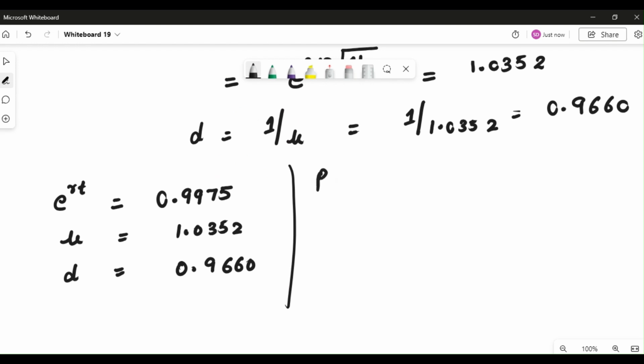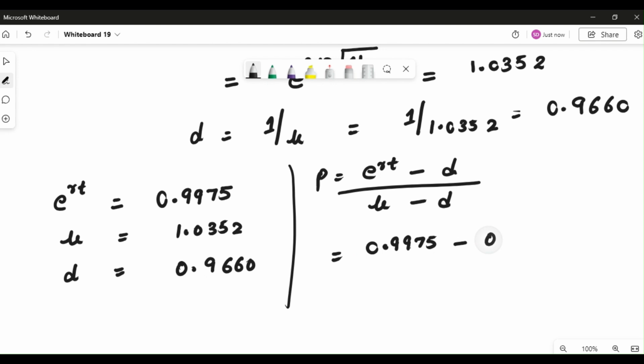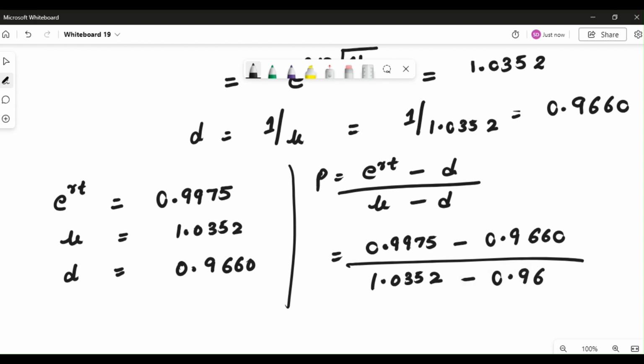And now let's put the whole figure into the formula of the probability. So the probability is equal to ERT minus D divided by U minus D, and that's how you are free to plug all your figures here. So 0.9975 minus 0.9660 divided by upward trend, which is 1.0352 minus 0.9660.